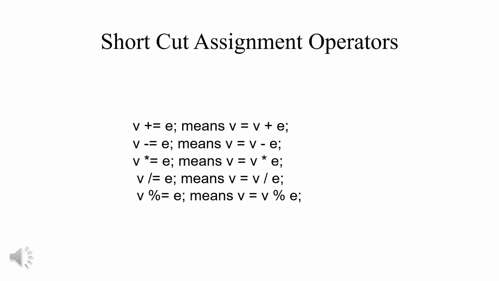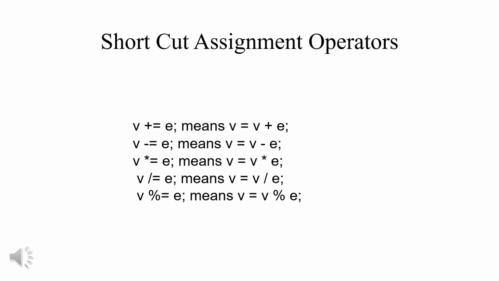So you can reduce the task and omit the v that is on the right hand side, and bring the arithmetic operator to the left hand side of the assignment operator.